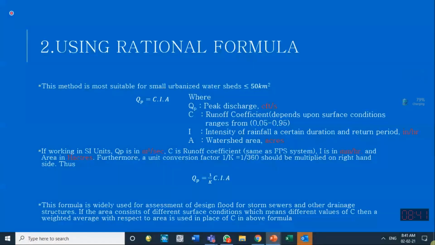There are two ways of selecting the design flood for a certain structure. One is based on the return period, and one is based upon the probable maximum flood.